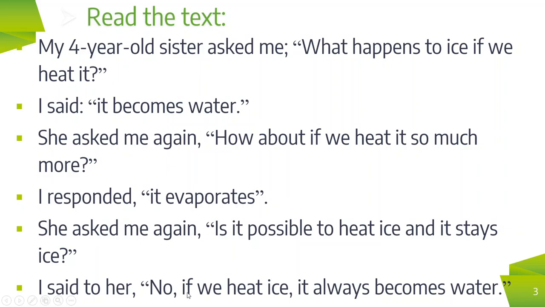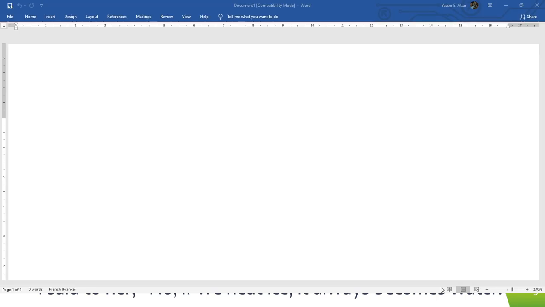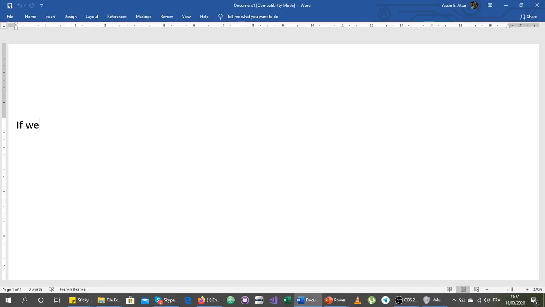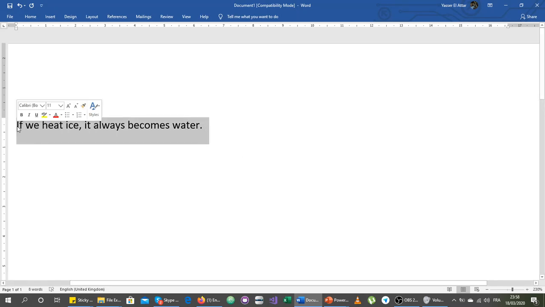So let's take this sentence. If we heat ice, it always becomes water. Look at this sentence.